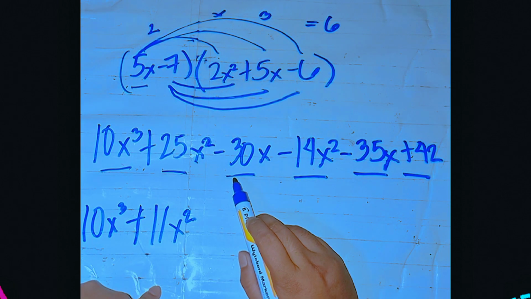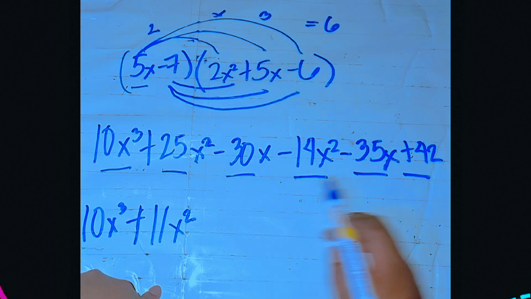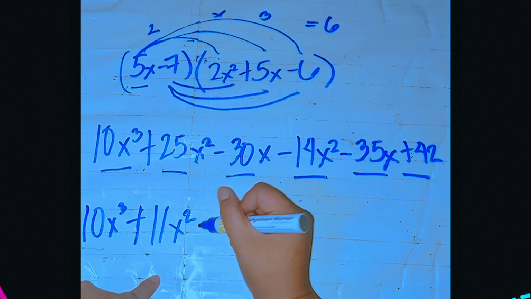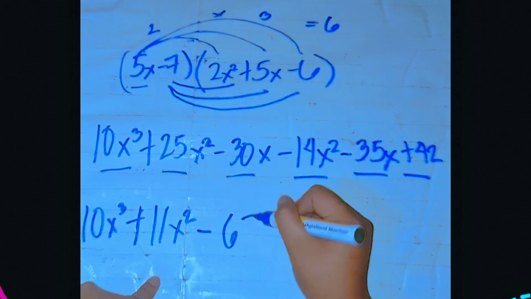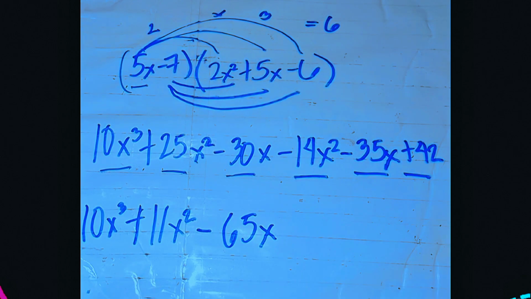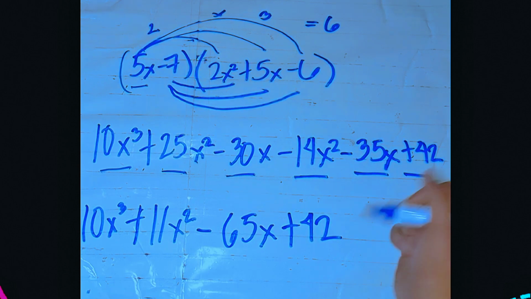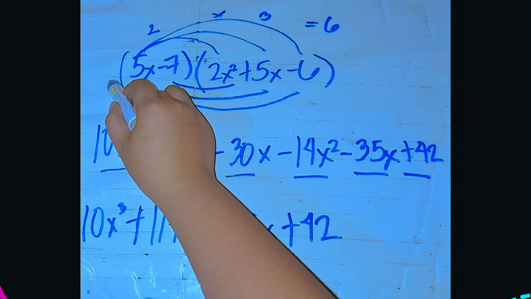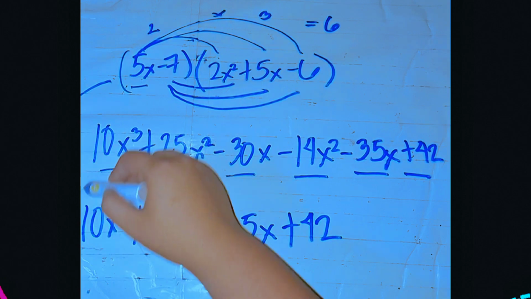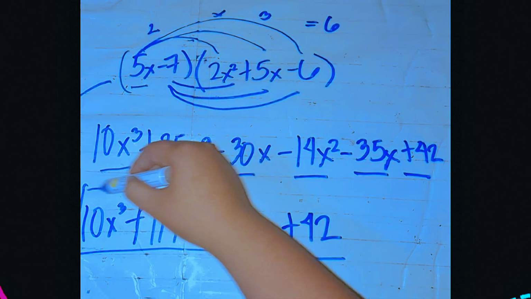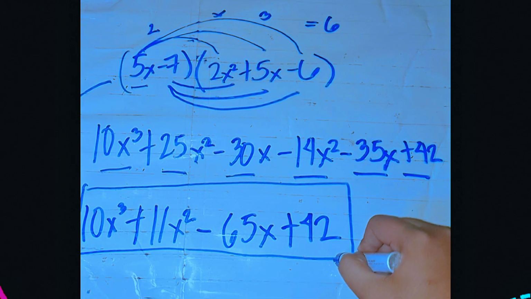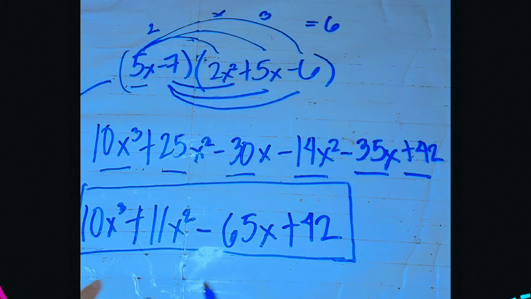Then we have negative 30x minus 35x is equal to negative 65x. And the constant term, which is positive 42. From this equation, you'll have this product. 10x cubed plus 11x squared minus 65x plus 42. And there you have it.